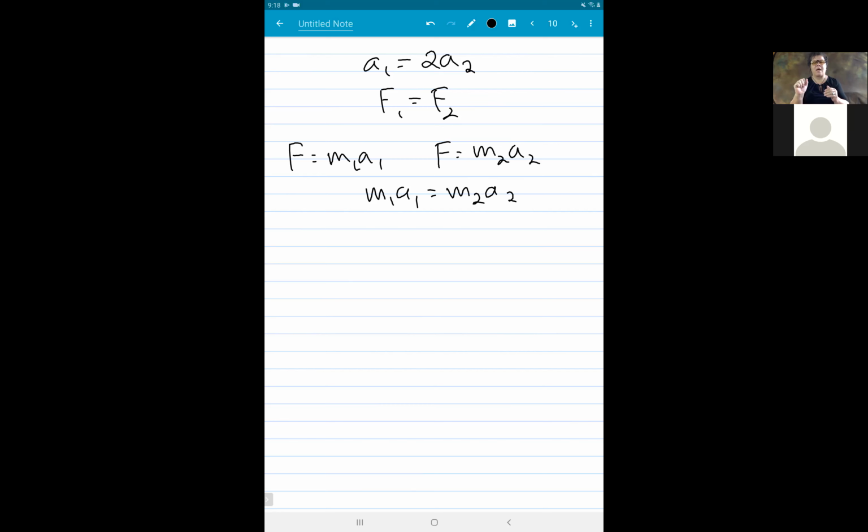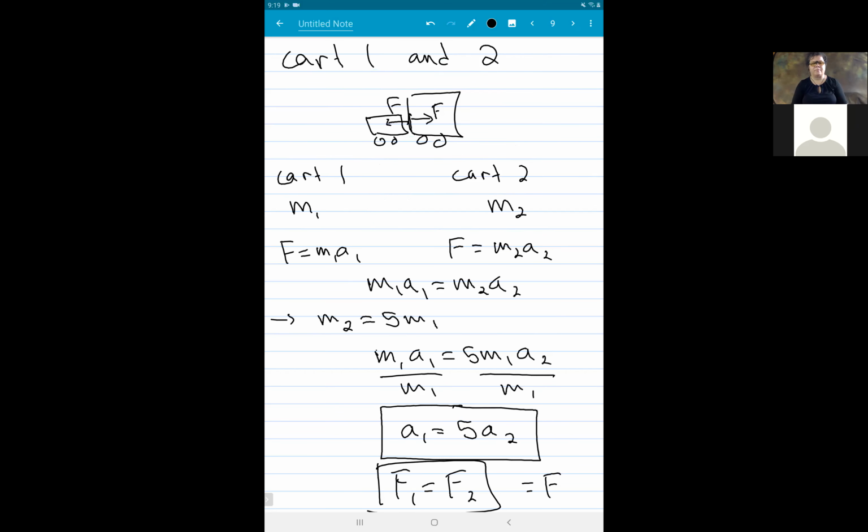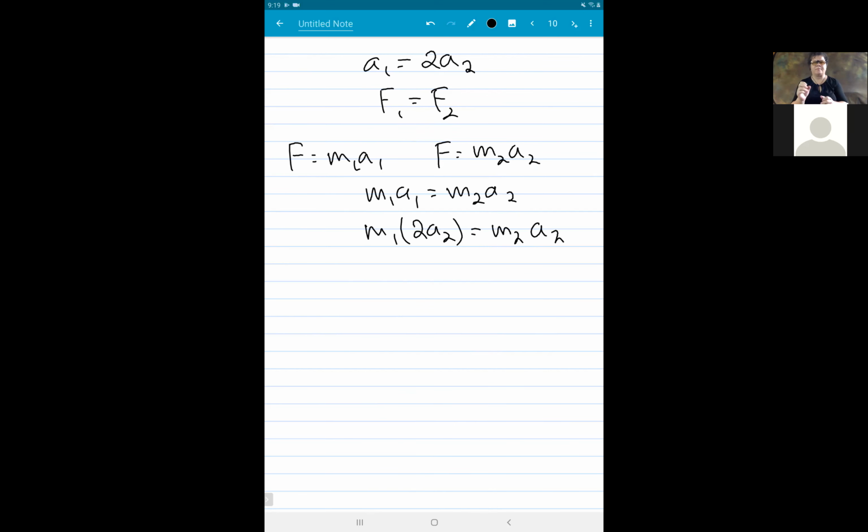I'm going to go ahead and substitute in that relationship of A1 is equal to 2A2. So I have M1 times 2A2 is equal to M2A2. Oh, did I do something stupid on this last page here? No, okay. Okay, so I can go ahead and divide out the A2, so I'll get that 2M1 is equal to M2.